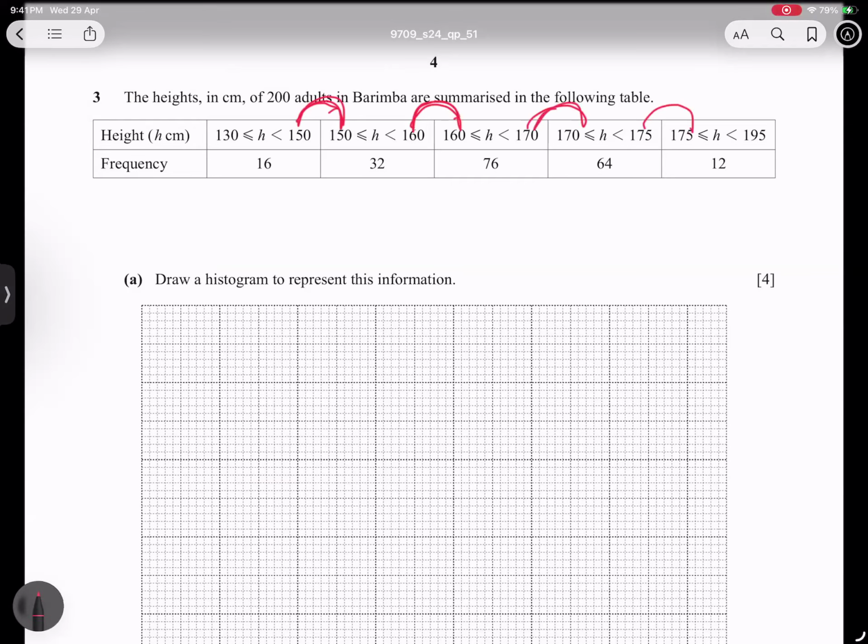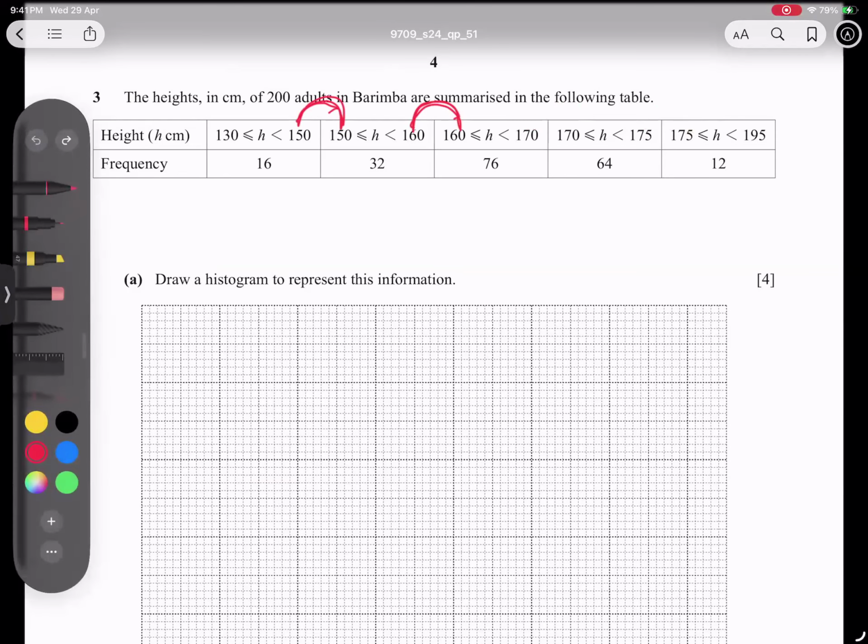Step number 1: if they're the same, then alhamdulillah. Otherwise, if they're different, subtract and divide by 2. For example, 151 minus 150, divided by 2, I got 0.5. Add 0.5 in the upper limit and subtract it in the lower limit, because that is discontinuous data and we convert it into continuous. But here, we have no such problem.